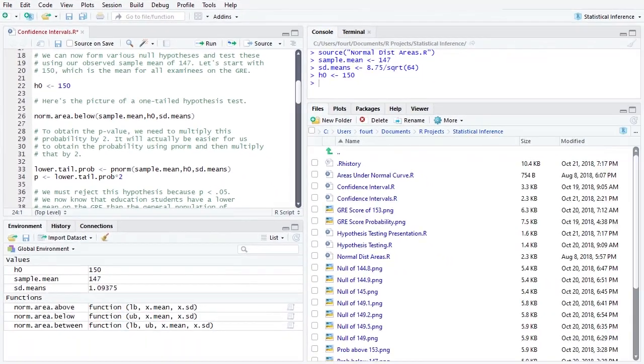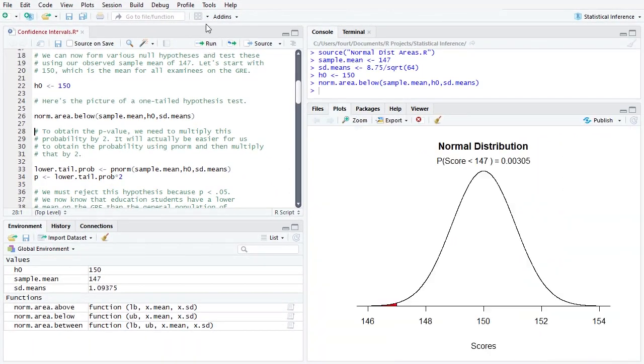Here's the picture of a one-tailed hypothesis test. We see that the probability of a score being 147 or less is 0.00305.